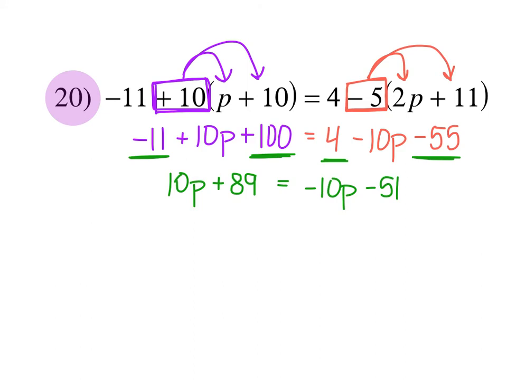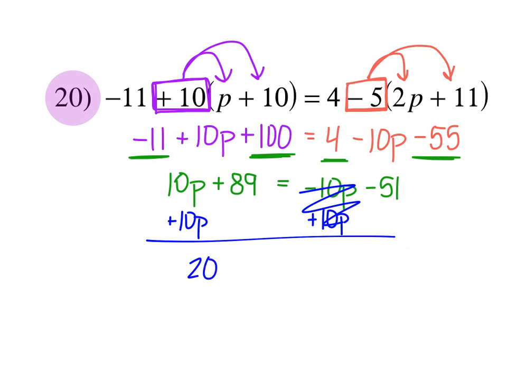Then we can move our variable to one side. It would make more sense to go ahead and add 10p to both sides, because it'll get rid of the negative 10p on this side, and it'll make it a positive 20p on the left side. And if I'm moving my variable over to the left, then I need to move my constant over to the right, and I'm going to subtract 89 to get rid of a positive 89.